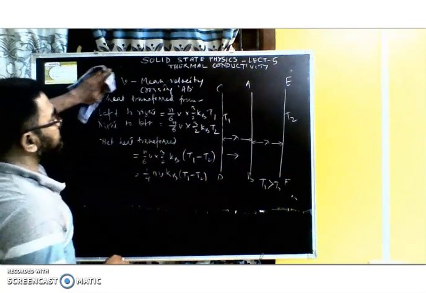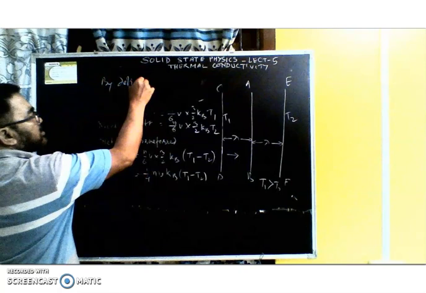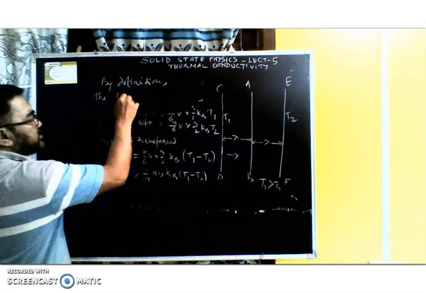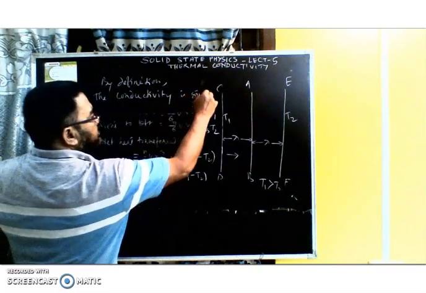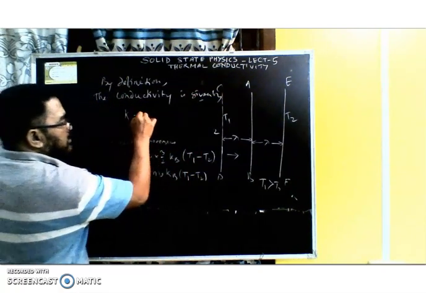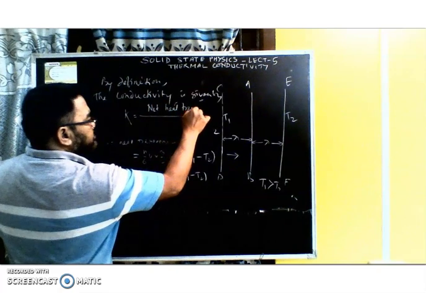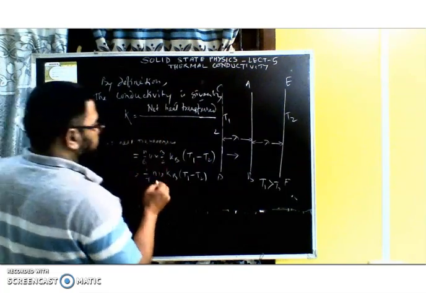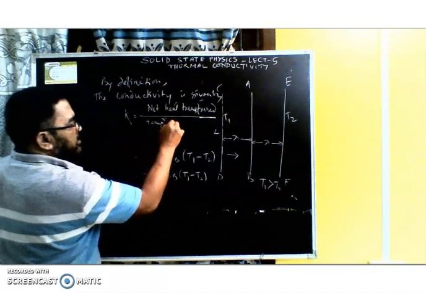So by definition, the conductivity K is given by net heat transfer divided by temperature gradient.